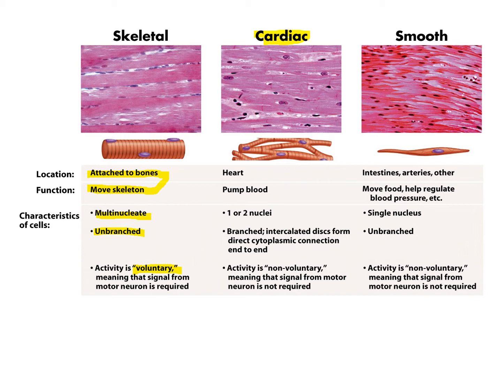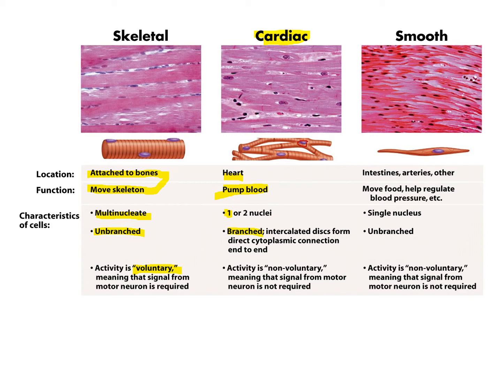Cardiac muscle is different. It has single nuclei. The function, of course, is to pump blood. It's found in the heart. The key typical histological characteristics are that it is branched, and you can see the single nucleus here.